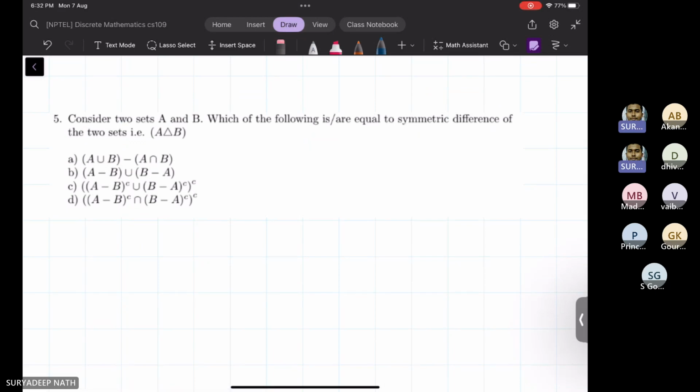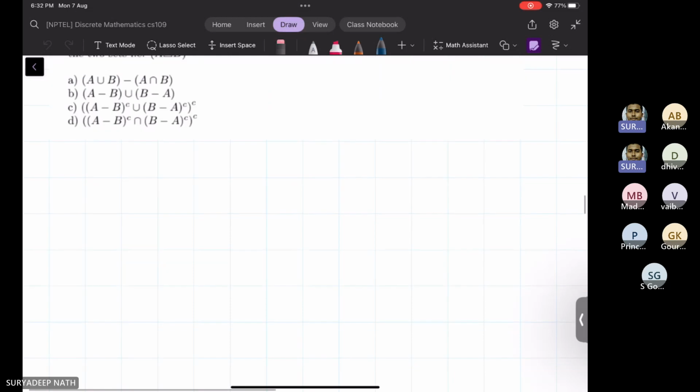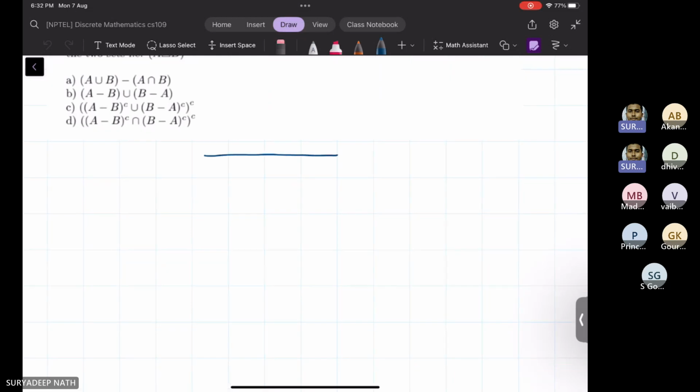Okay. Let us move on to question number 5. So again, before going to question number 5, I'll paste it over here. So we have two sets A and B. Which of the following is equal to the symmetric difference of the two sets, A symmetric difference B? So basically, I'll draw the Venn diagram.